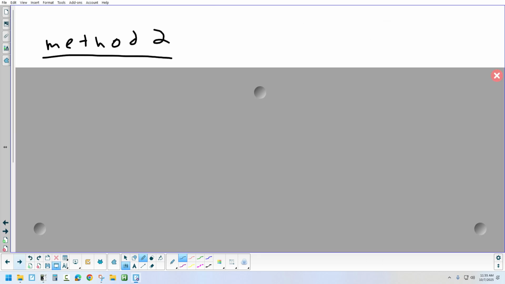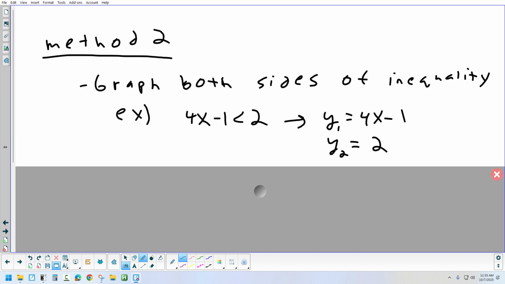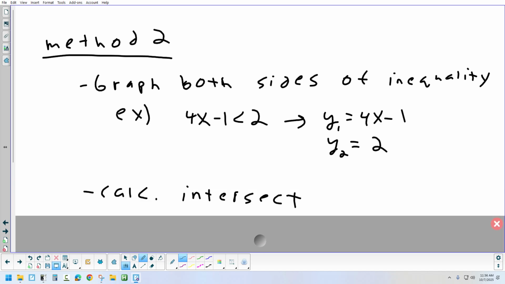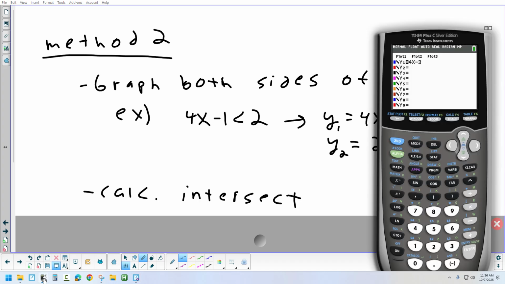The second method, you don't rearrange anything. You leave it exactly the way they give you the problem, but you have to type in two separate things. So this is the same question we just did one more time. What we're doing is leaving the left side the way they gave it to me, and leaving the right side the way they gave that to me.